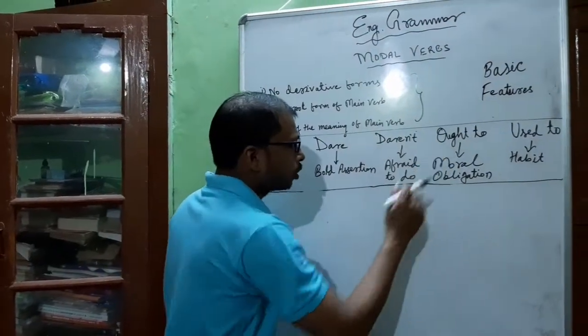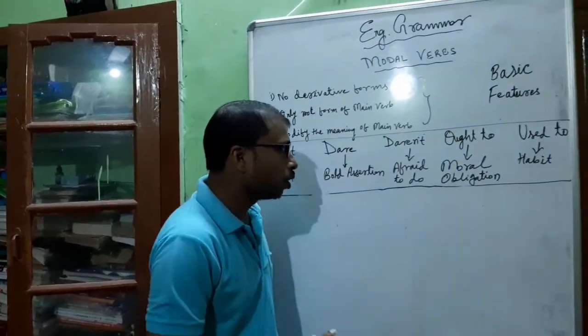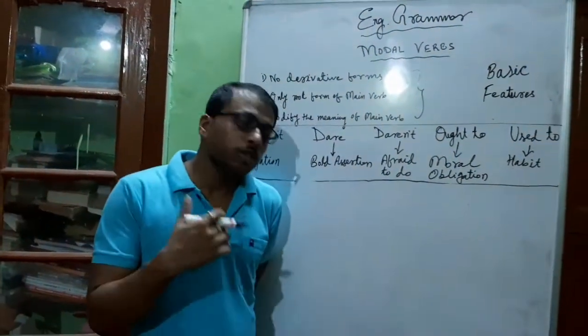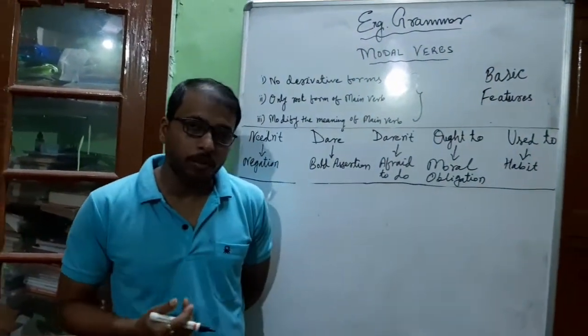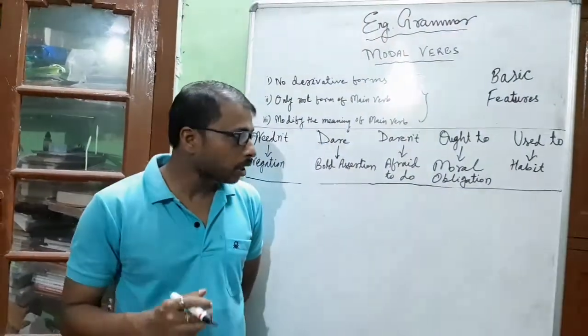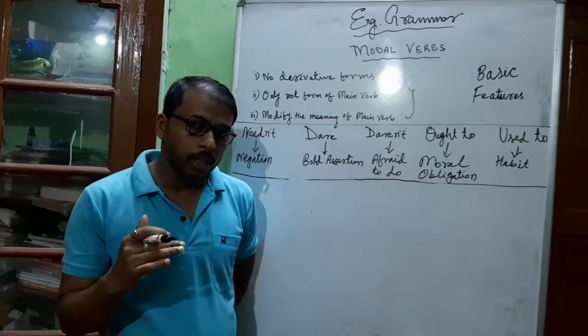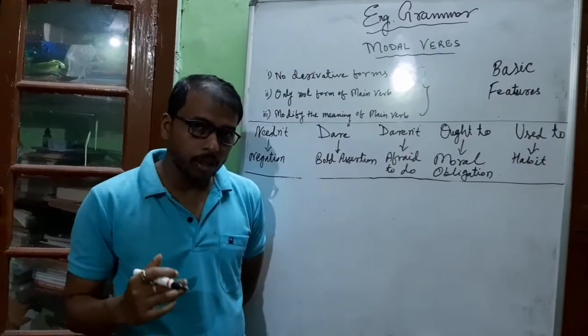Next we have ought to. Ought to is also an obligation, but it's a moral obligation. Here it is like must. In must we have read about obligation. You must do it.